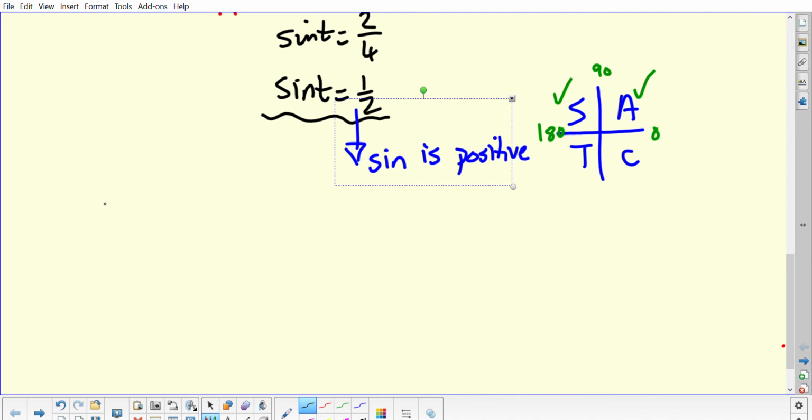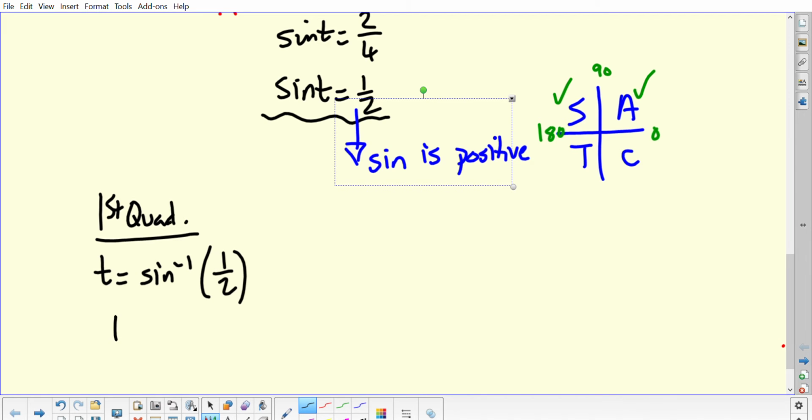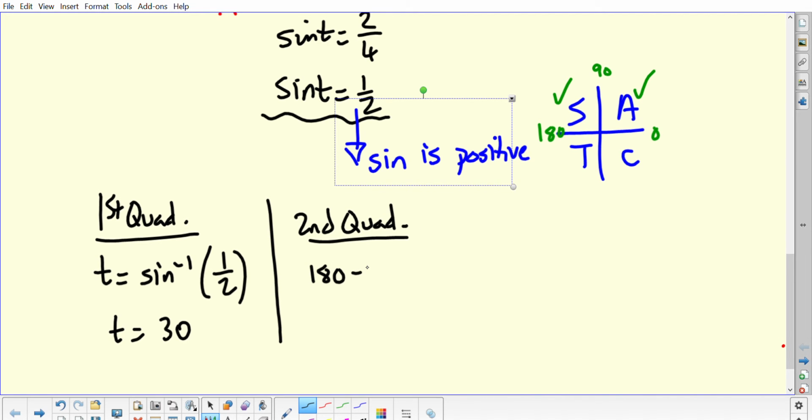So that means in our first quadrant, we would be looking for an angle to work out t. We would do sine to the minus 1 of your half, and that will give you the value of t equals 30. And then in your second quadrant, you would therefore do 180 minus that 30, which gives us 150.